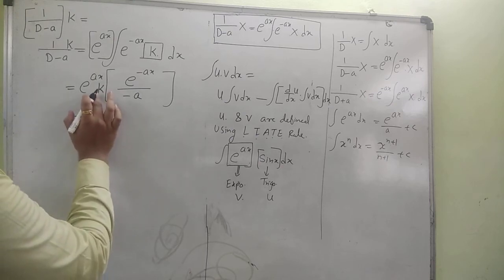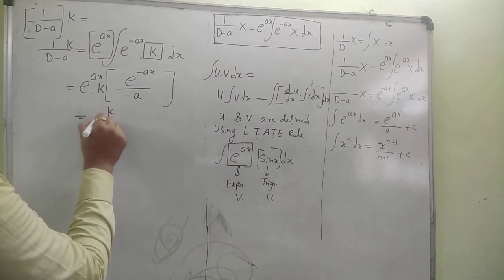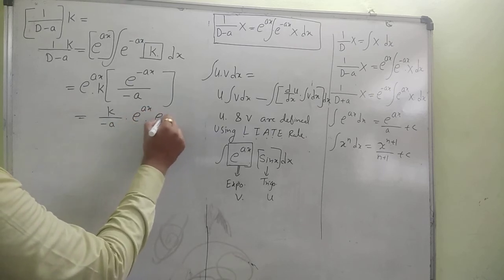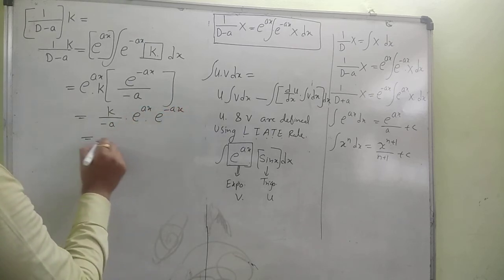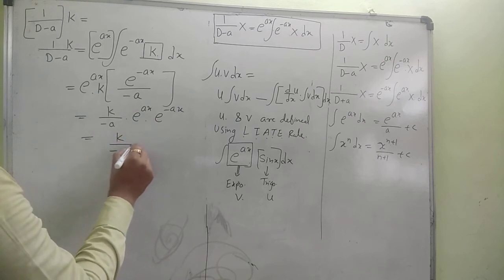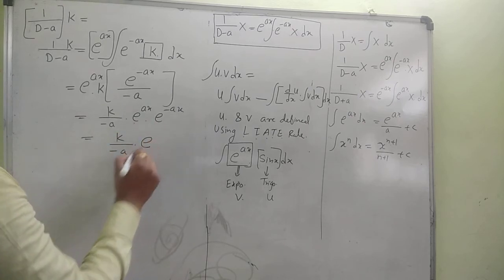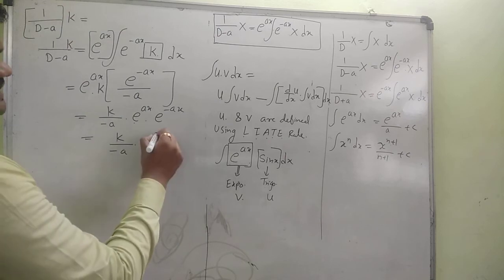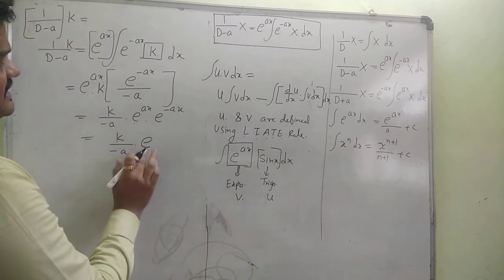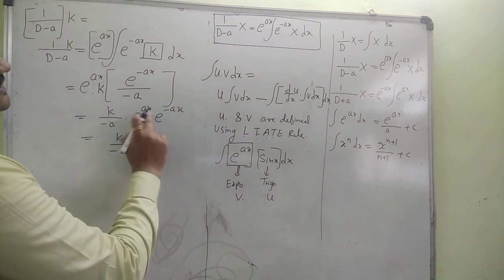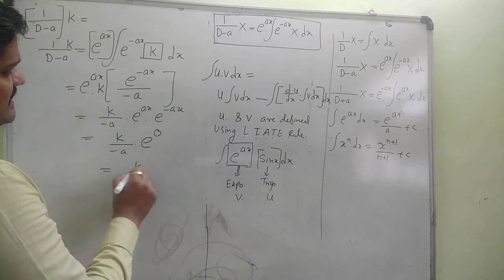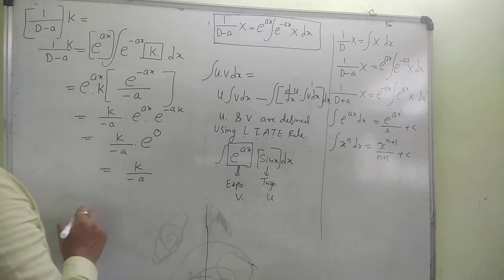The constant terms are k upon minus a, I'll take it outside, into e raised to ax into e raised to minus ax. K upon minus a into, when the bases are the same, I'll write it once and add the indices. It will be e taken one time, ax minus ax, it will be 0. So the final answer is k upon minus a.